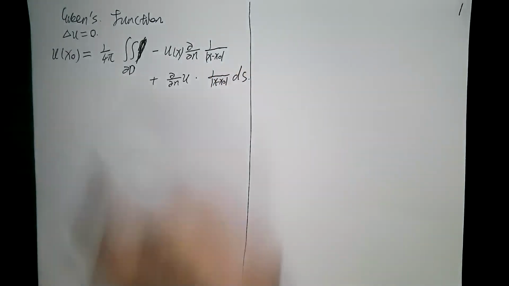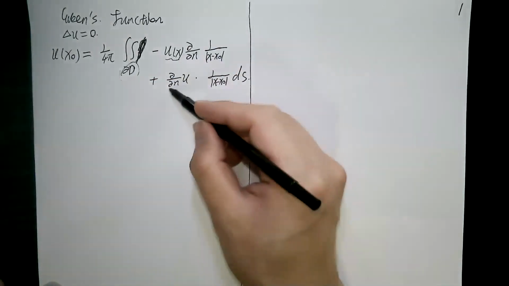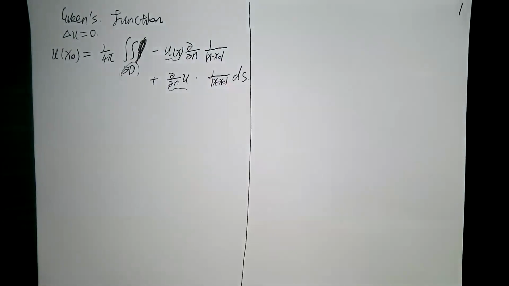So as long as you know u and partial n u on the boundary, then we are able to find u at any point of your domain, okay? So this is what we've learned.